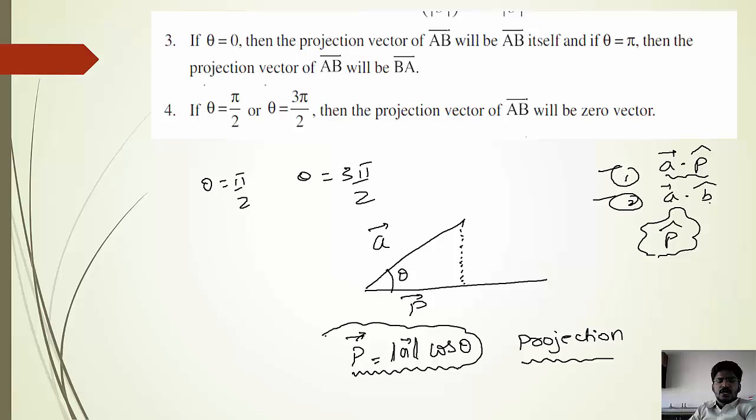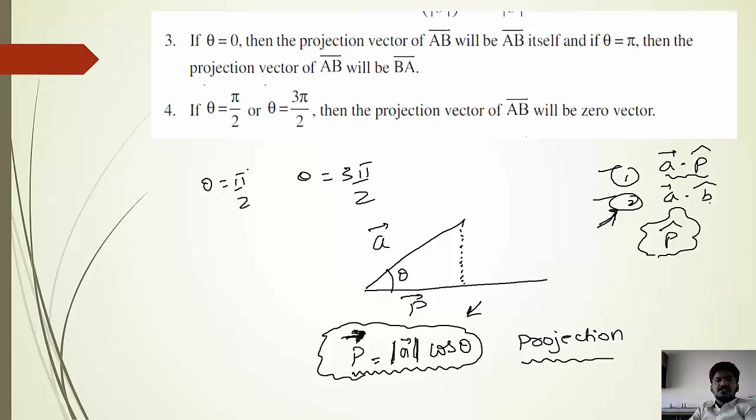This is also an important point, and this is the projection formula whenever the angle is given. And whenever two vectors are given, you have to use vector A dot B cap. Whenever the angle is given, you have to use projection P is equal to magnitude of vector A cos theta.